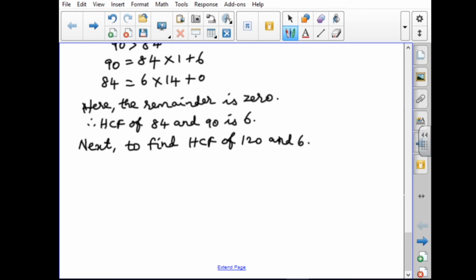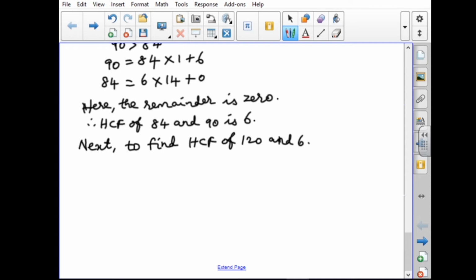You have to follow this way. They have given 3 numbers. First we have to find the HCF of 2 numbers, that is we have got 6. Then that 6 and the third number you have to find the HCF.